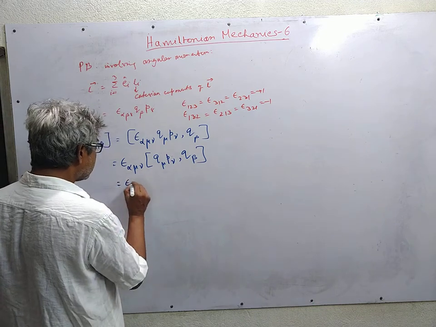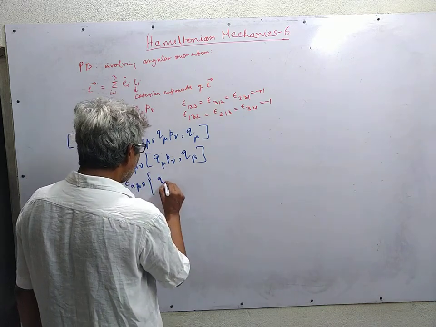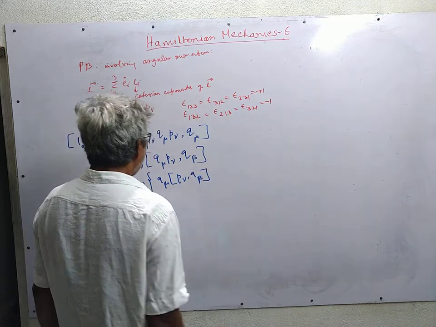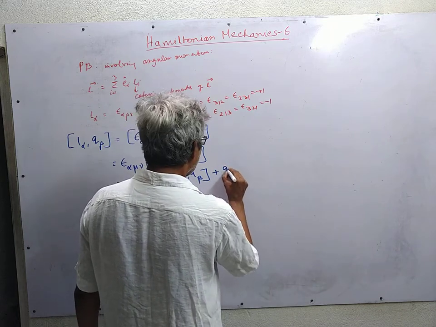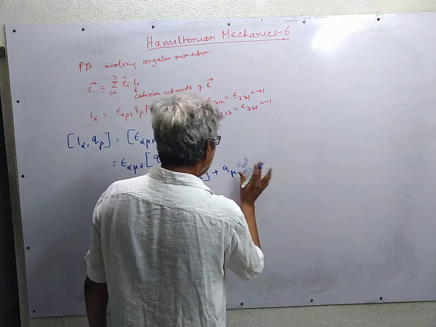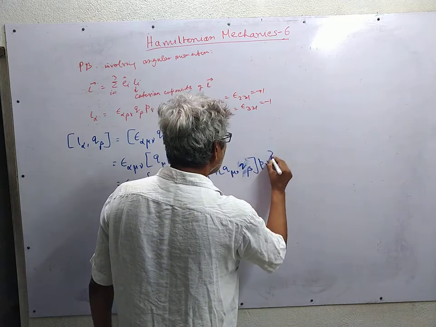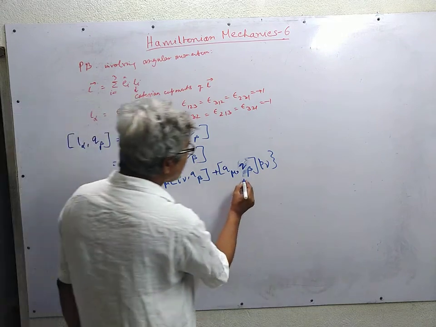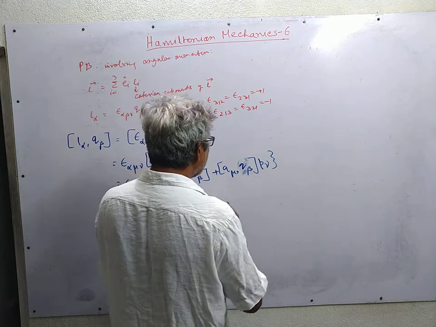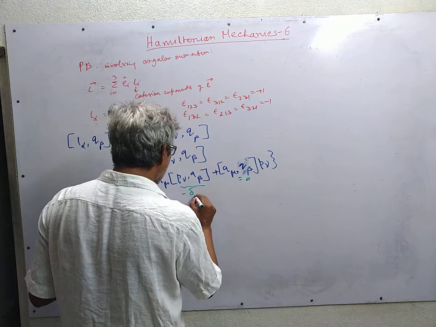So this is ε_αμν [Q_μ P_ν, Q_β], which is Q_μ [P_ν, Q_β] plus [Q_μ, Q_β] P_ν. The second part is 0 identically for all combinations of μ and β, and the first part has minus δ_νβ.